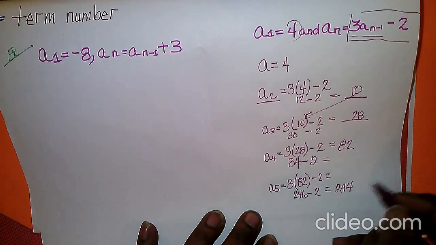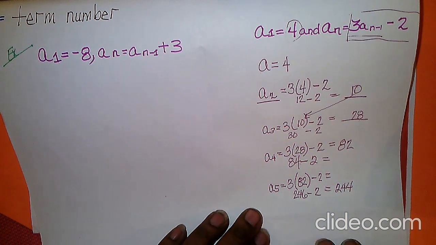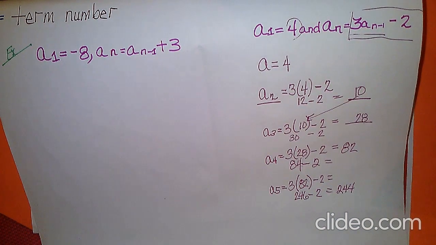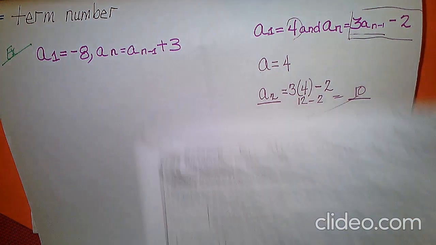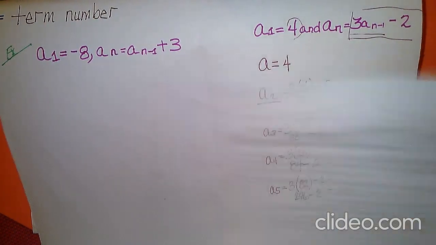So A5 equals 244. So it's just like the table that we had up top, but this just gives you a little more detail as to how they came about getting the numbers.